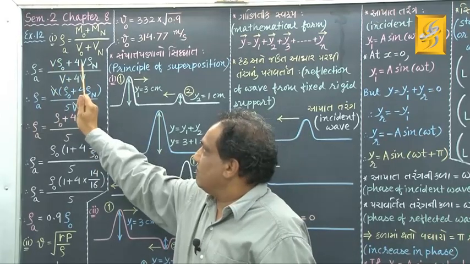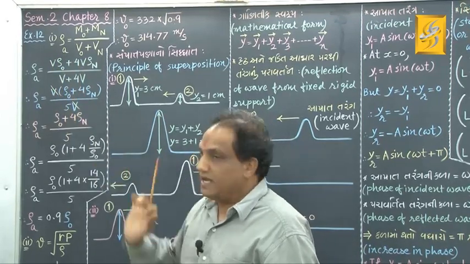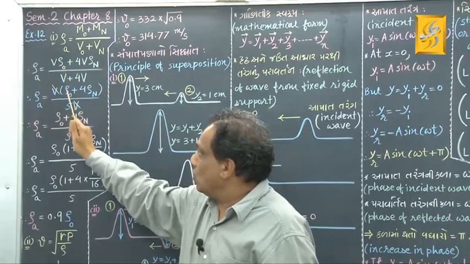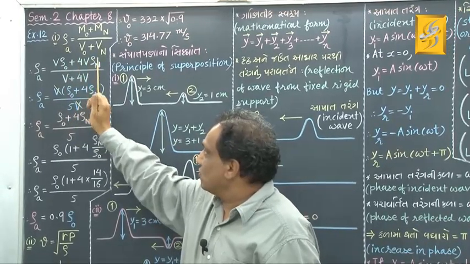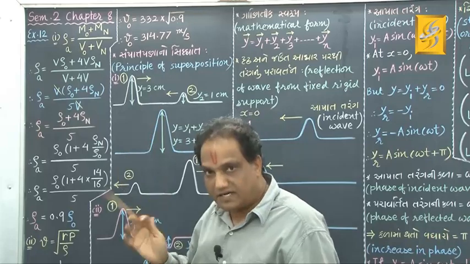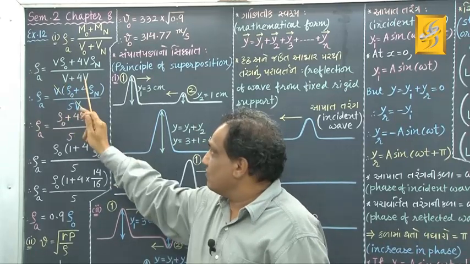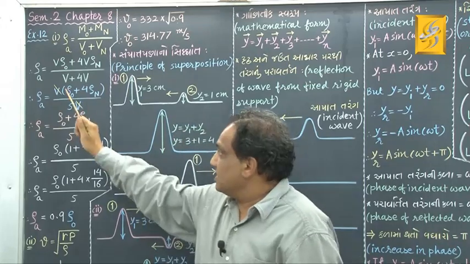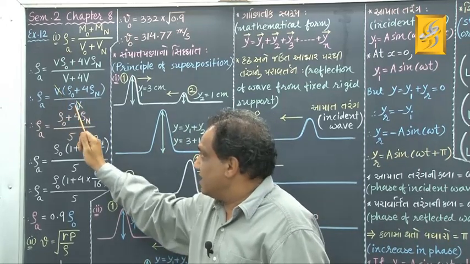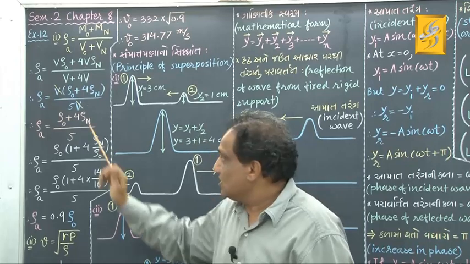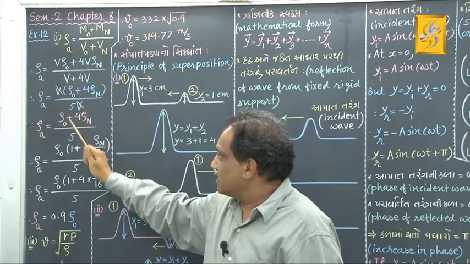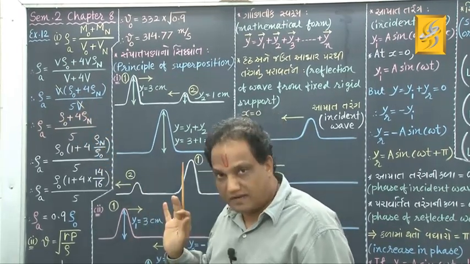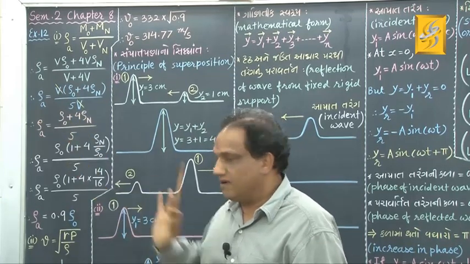I can take V common. Correct? Inside the bracket, rho O plus 4 into rho N, correct? Divided by V plus 4V, that is 5 into V, correct? Now this V and this V will get cancelled, correct? So rho O plus 4 into rho N divided by 5.